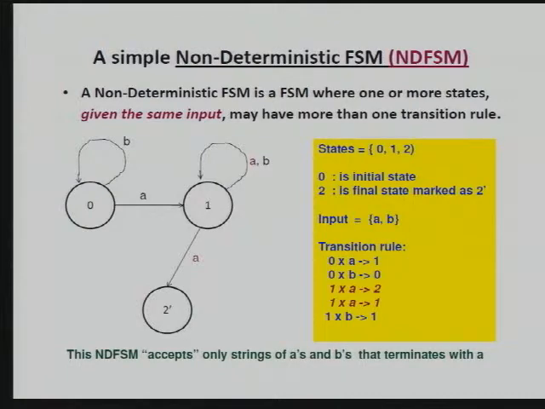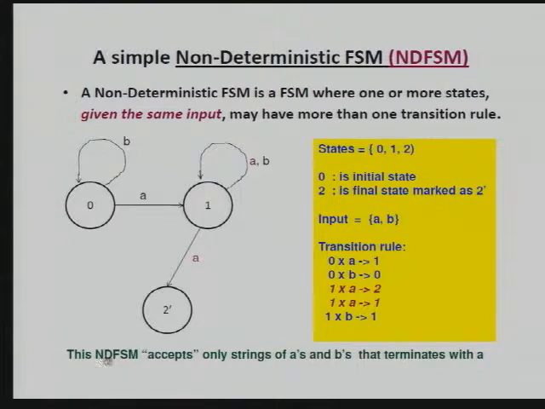So in these systems, the way we handle this, a non-deterministic state machine is just like a finite state machine, but one or more states, given the same input, may have more than one transition rule, like this one here, where I have the same event driving two different types of behavior, right?